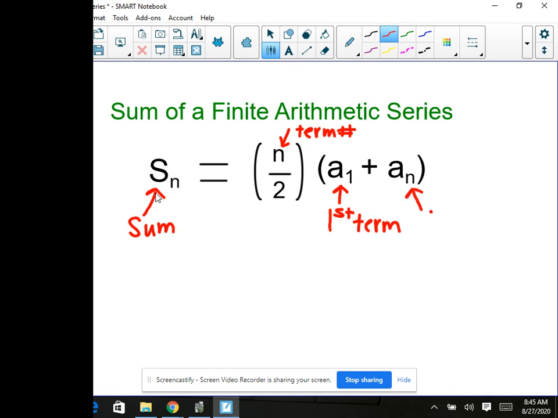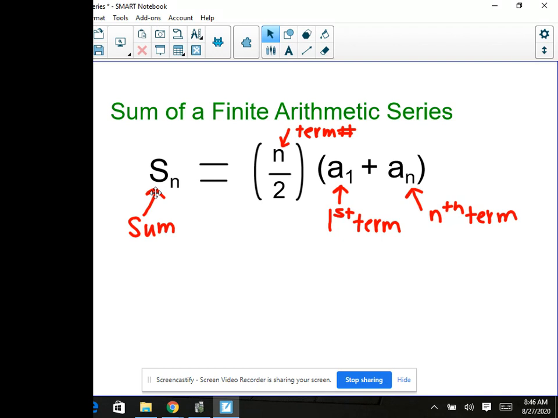And A sub n is still our nth term. So if I'm asking you, find the sum of the first 7 terms, n is going to be 7. So then I am interested in the first term and the 7th term. And then I'm going to add those together, and I'll take 7 divided by 2, and I'll go from there.